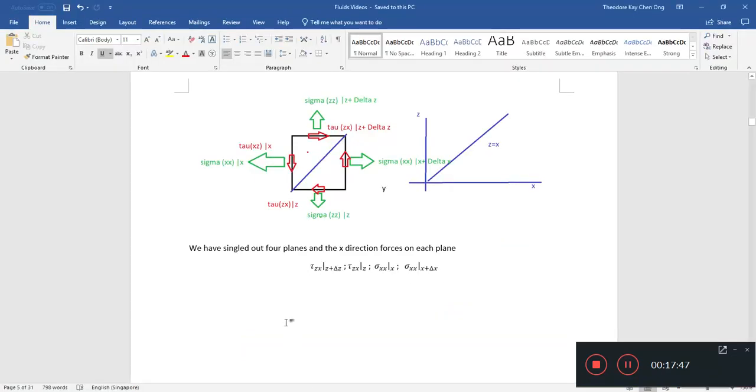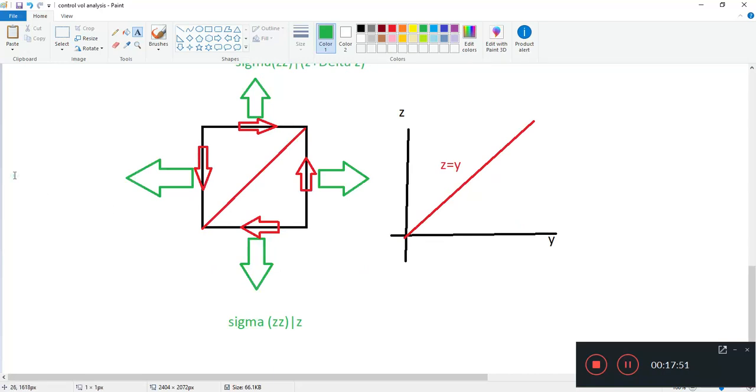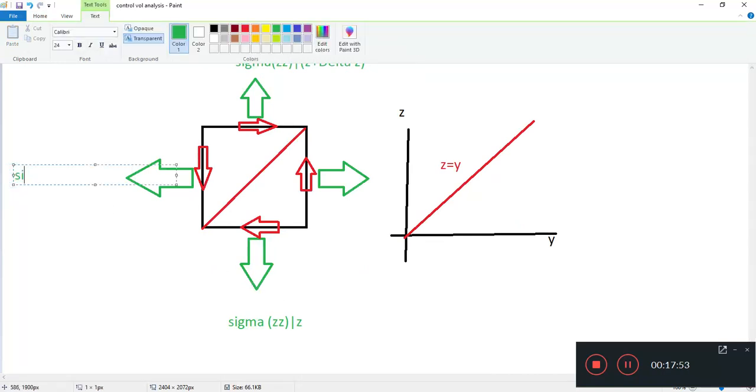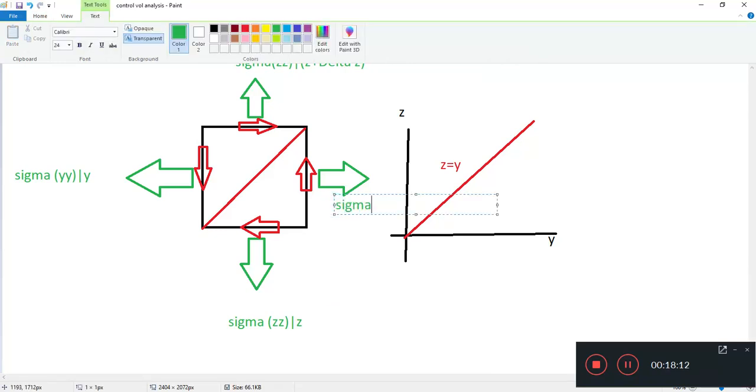Let's see whether we copied that over. And then what's the left one? This is also a sigma because it's a normal stress. It's acting on the plane perpendicular to the y direction. So this is evaluated at y, because this is y plus delta y. So you can get the pattern, I hope.